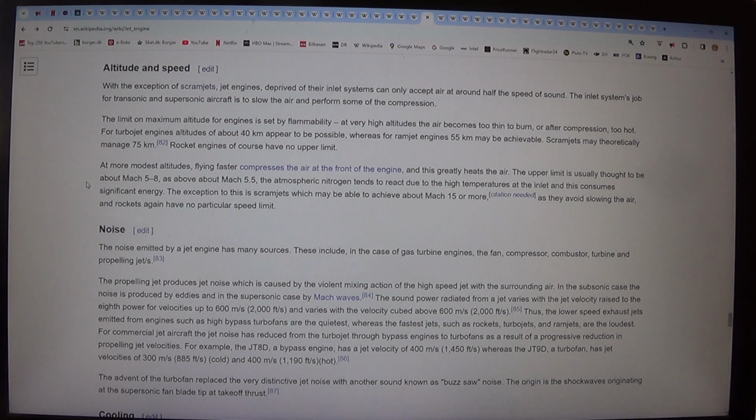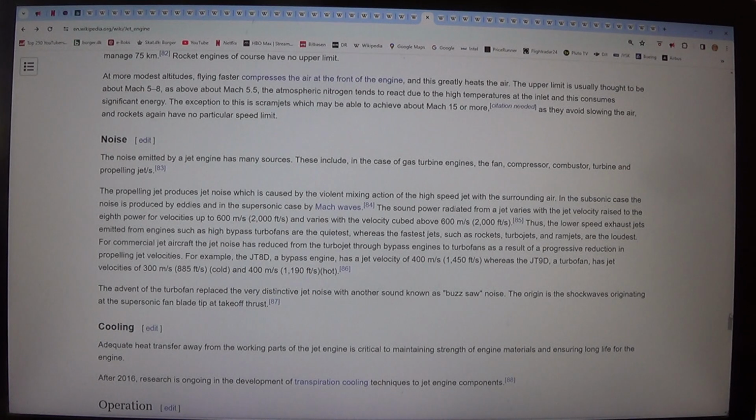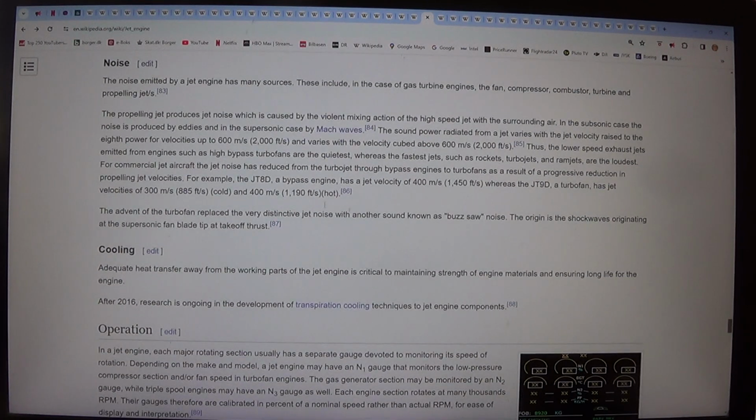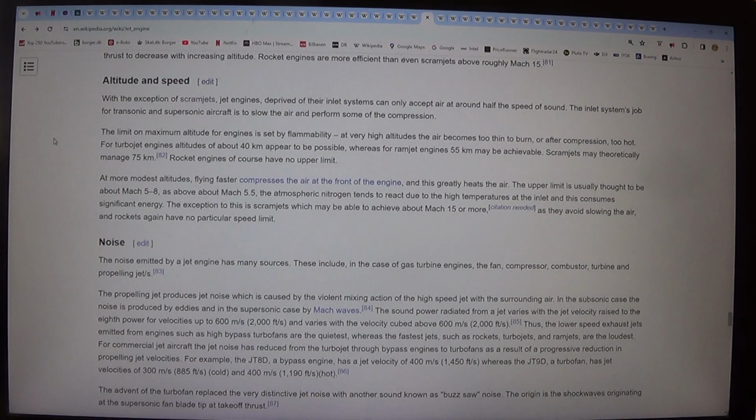Noise. The noise emitted by a jet engine has many sources. These include, in the case of gas turbine engines, the fan, compressor, combustor, turbine and propelling jet. The propelling jet produces jet noise which is caused by the violent mixing action of the high-speed jet with the surrounding air.